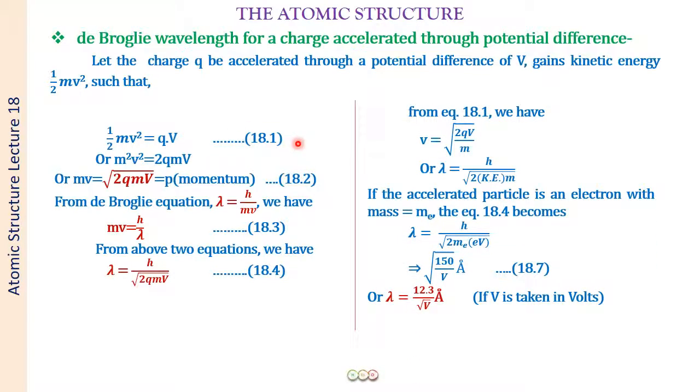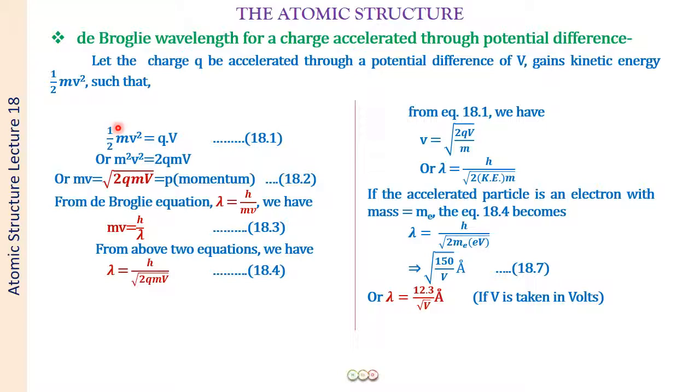Now, from the equation 18.1, again you can calculate the value of v also, the velocity of that charge. So we have v to be under root of 2q into the potential difference divided by m, right? And lambda, you can also appreciate in terms of kinetic energy. How? Let me tell you. We have Q into V. Q into V is coming as half mv square.